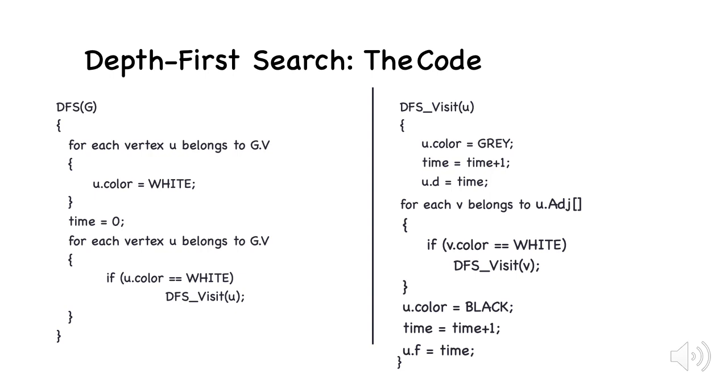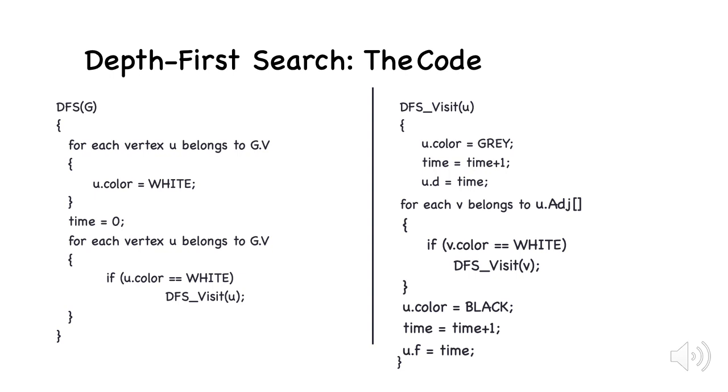It either takes the left path or the right path. It goes deeper, deeper, deeper, until you can go no deeper, and then it backtracks. That is done in the second for loop. Later, once the whole path has been traversed, that means no more paths to go through, it is made black, time is incremented, and a finish time is assigned.